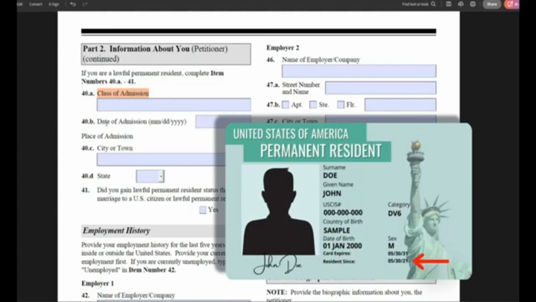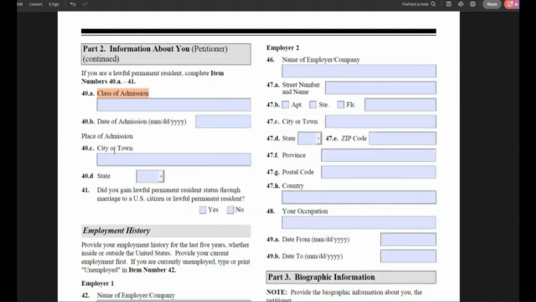Date of admission is the date your green card was issued, and place of admission is where you received your green card. So this would be either the field office if you adjusted status, or if you, for example, were approved overseas, then here you can write the embassy.